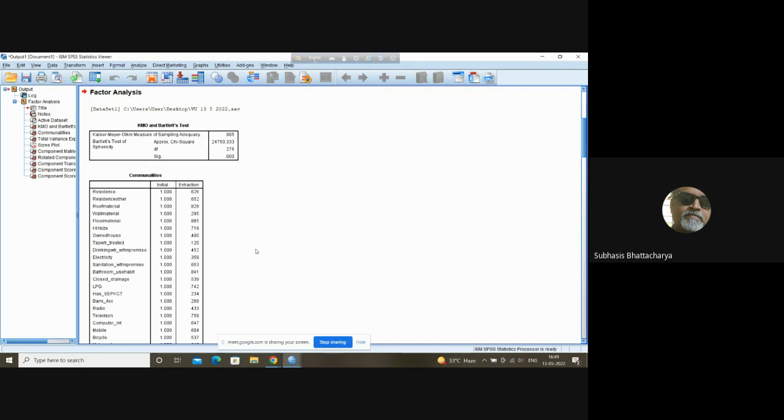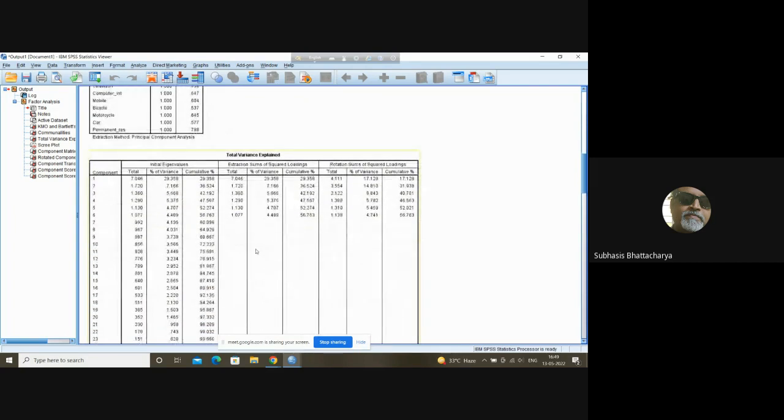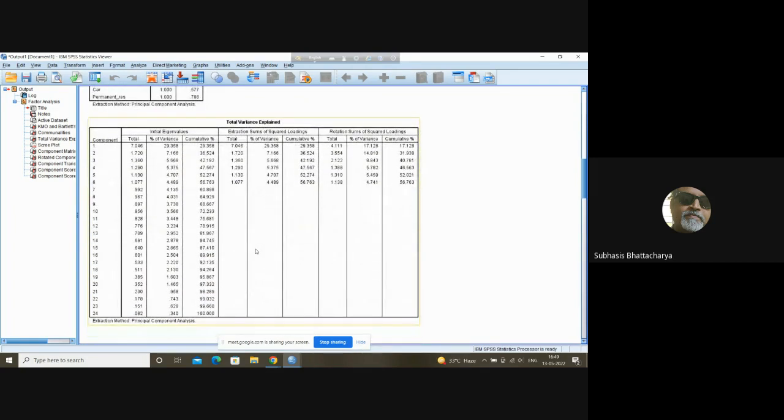Now we look at the variance, that is, the total variance explained. You find that the first component, that means Z1, has a value of 7.046, which explains 29% variability of the data set.